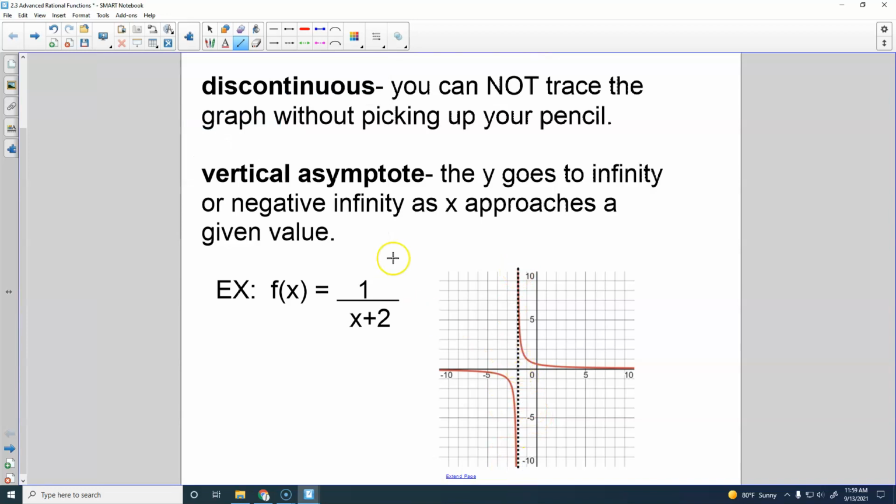As you get closer and closer to that line, which is the place where x equals -2, if you're coming from the left side, as you get closer to that line, there go your y values down to negative infinity, right? Over here, if we approach from the right-hand side, as we get closer to that line, there go our y values up to positive infinity.